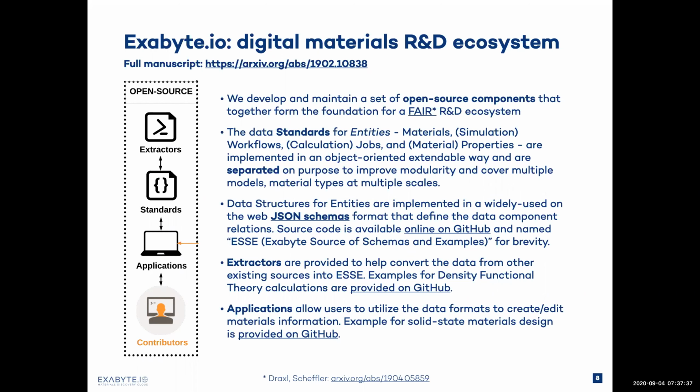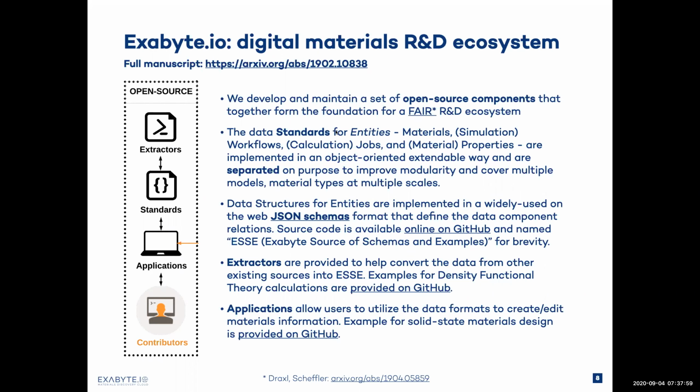In order to realize something like that, we have a multi-tiered approach. First, we focus on maintaining a set of open source components that together form the foundation for a FAIR R&D ecosystem. And the term FAIR stands for findable, accessible, interoperable, reusable.